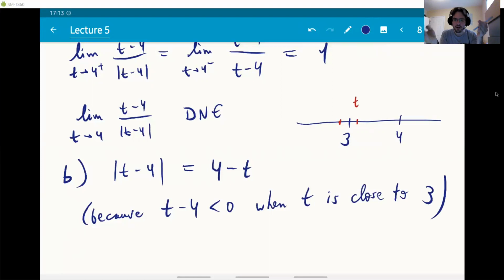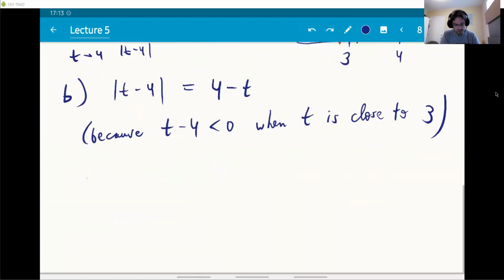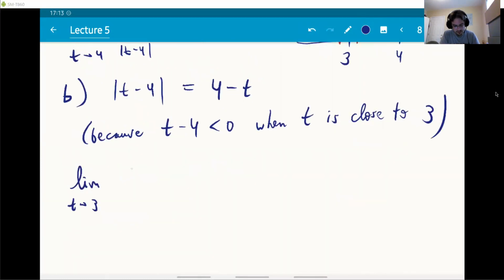And actually that doesn't matter from which side you are approaching the number 3. Both of these that I drew up here will give you a negative number. So in fact, this absolute value has just one value when you are close to 3. That means you can actually evaluate this limit directly.